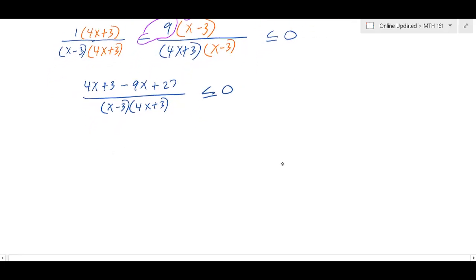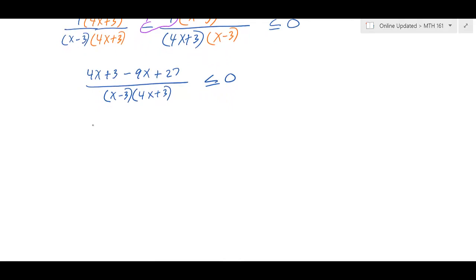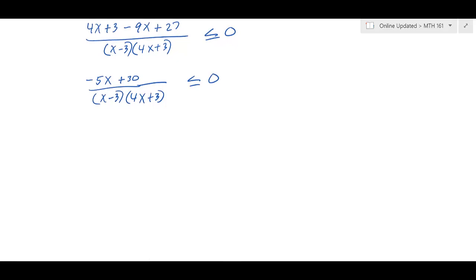And then if we continue to simplify the numerator, 4x minus 9x would be a negative 5x, and 3 and 27 is 30. And now we have our inequality simplified to where we have over here on the left, this one expression less than or equal to 0.